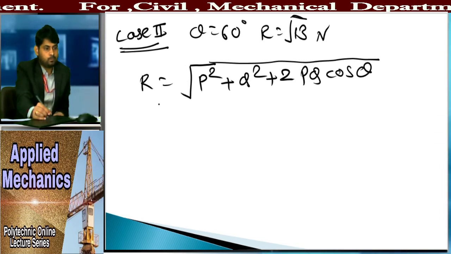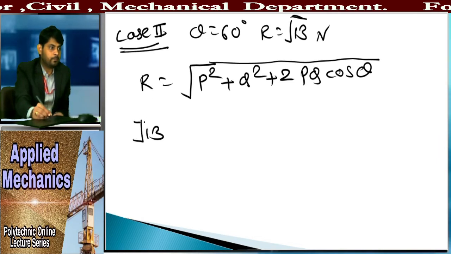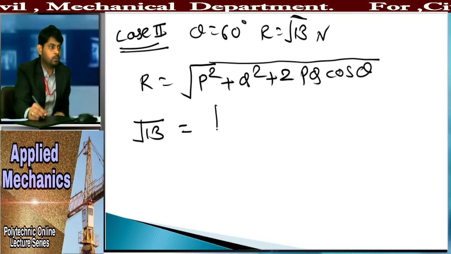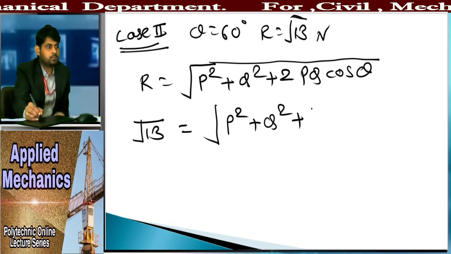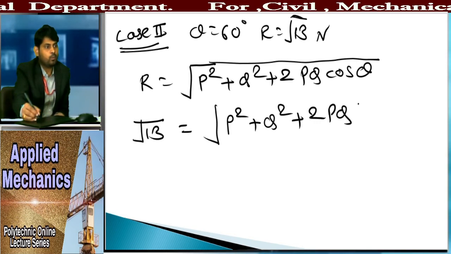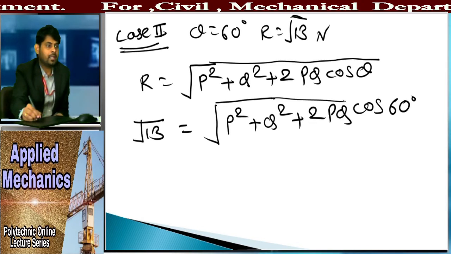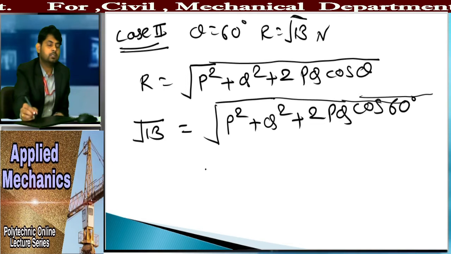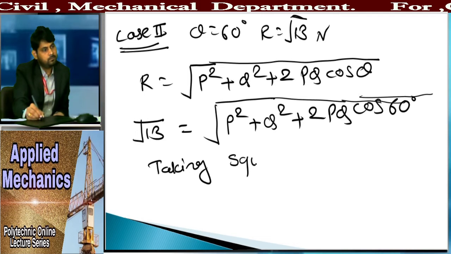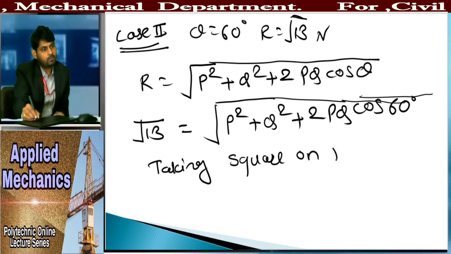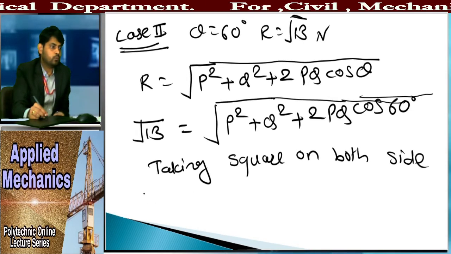Okay, so put the values. R is nothing but under root 13 is equal to under root of P square plus Q square plus twice PQ cos of 60. Now on both sides the value is in a square root. So taking square on both sides, now see here your values would be like this.